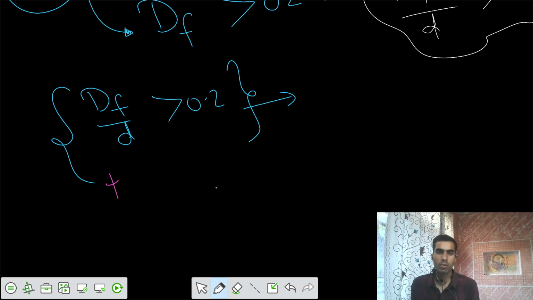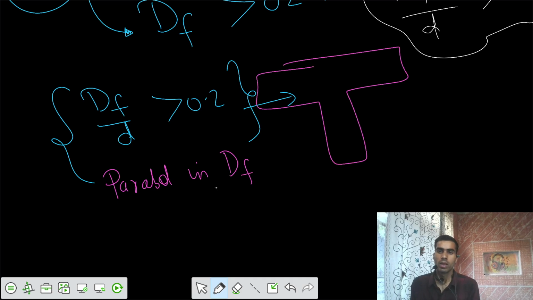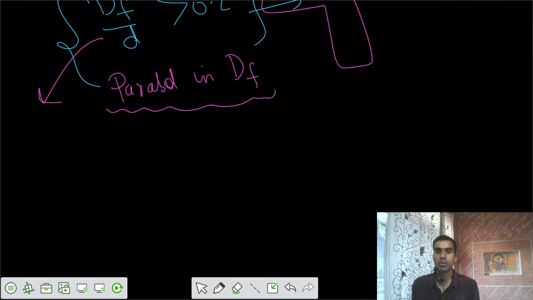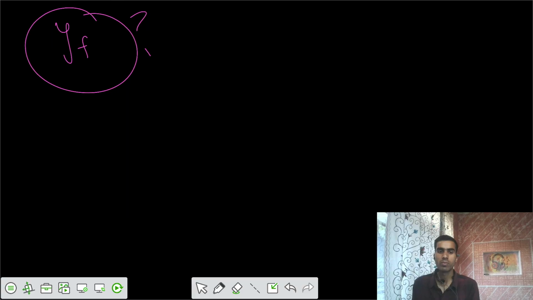If some part of the parabola is in the flange, then for the calculations, if you directly find the dF by D ratio and it is greater than 0.2, you can have the equation of YF directly for the calculation of the limiting moment of resistance.